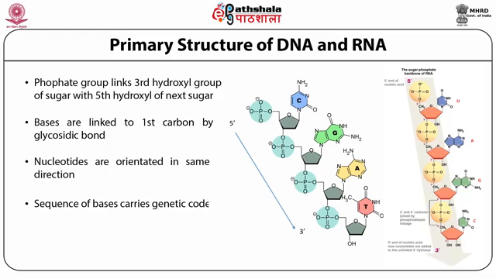And most importantly, the sequence of these bases, meaning the sequence of the mononucleotides in this oligonucleotide or polynucleotide, that is the nucleic acid or DNA, is very important because that carries the genetic information, and that is what is known as the genetic code.